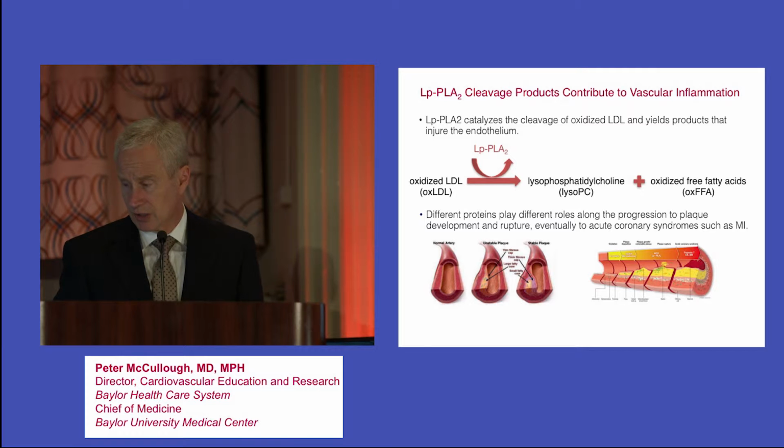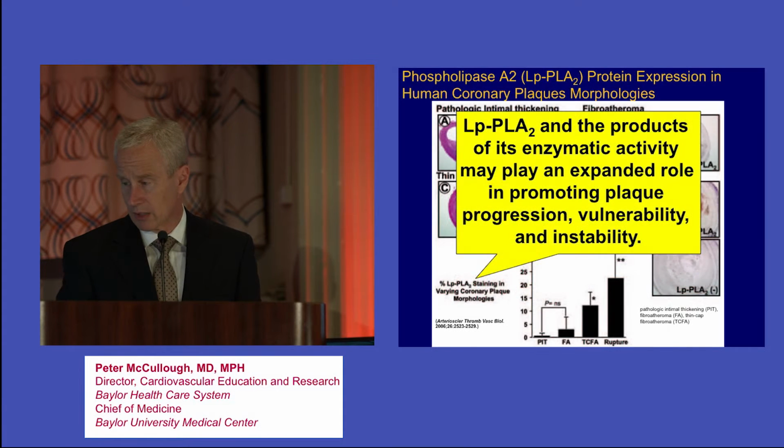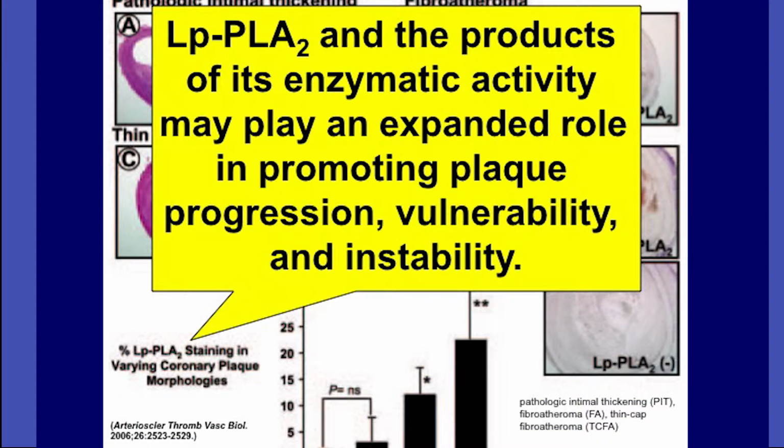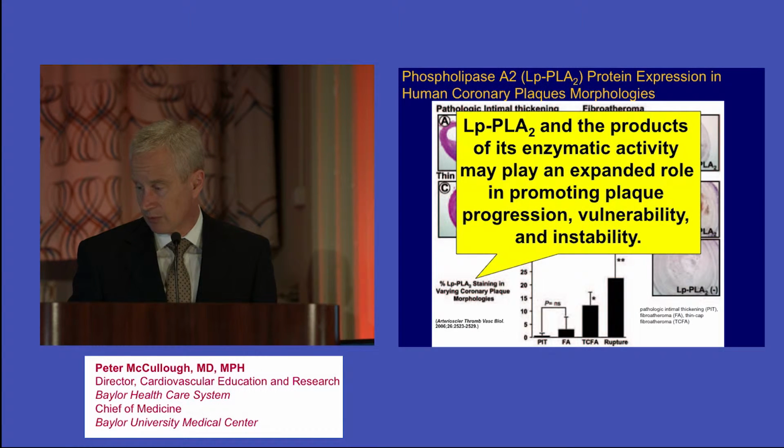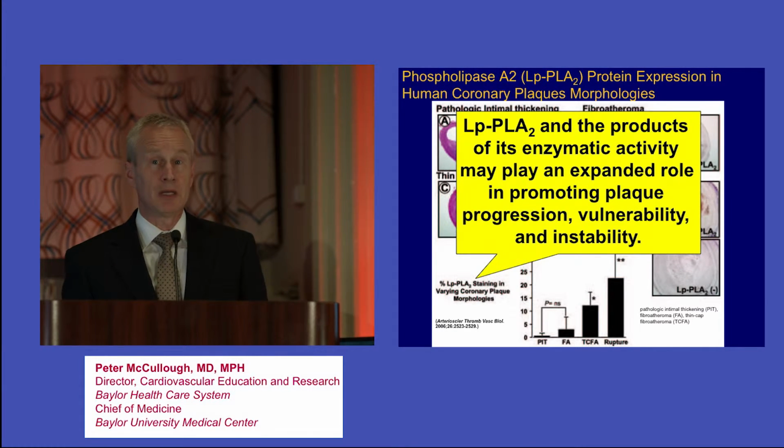And that was suggested in this paper, and there are many more like this, just to clue you in. These are anatomic specimens of patients with fatal MI, looking at various lesions up and down the coronary tree. This is just intimal thickening. This is a fibroatheroma. This is a thin-capped fibroatheroma plaque, and this is a plaque that's ruptured, and you can see a graded increase in the staining for Lp-PLA2.